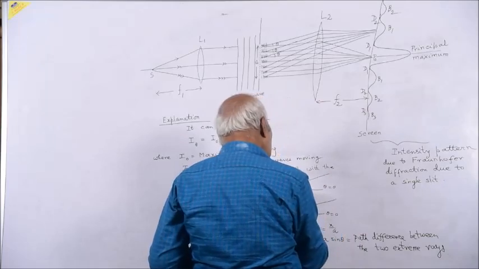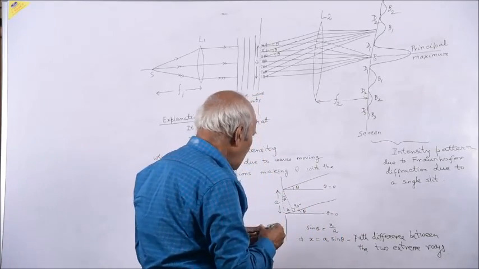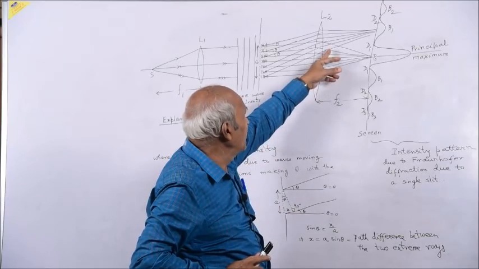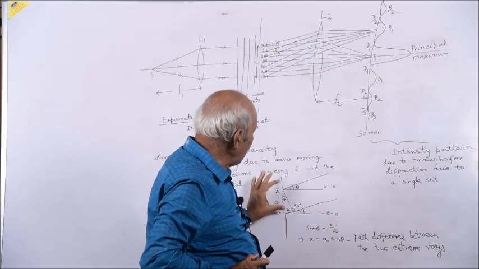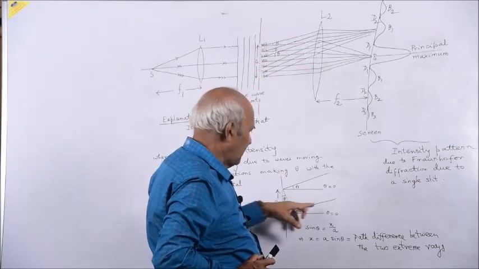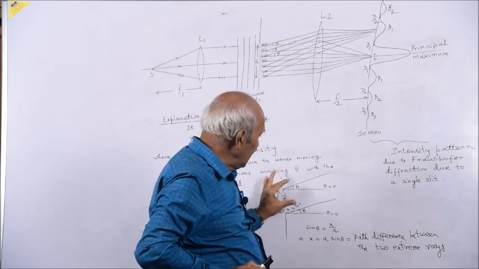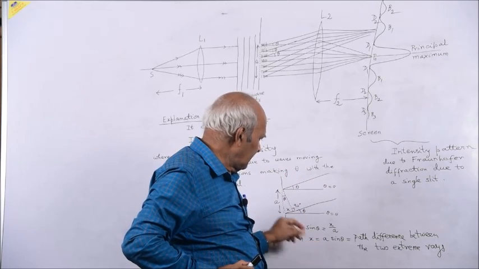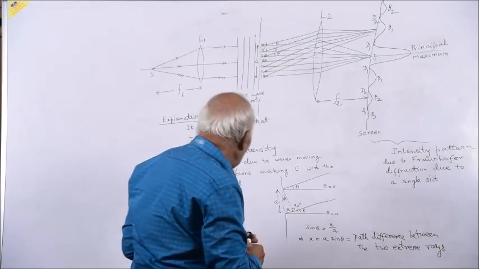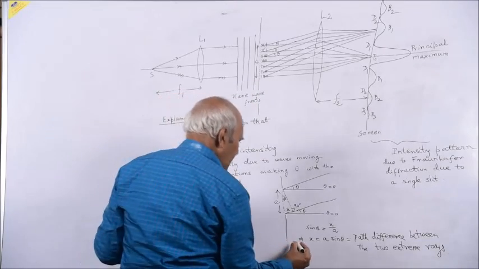Extreme rays means there are many points, and from each point such directions are there, as shown in this figure. We have taken only the first and the last one. So, the path difference is a sin theta, which leads to the phase difference.